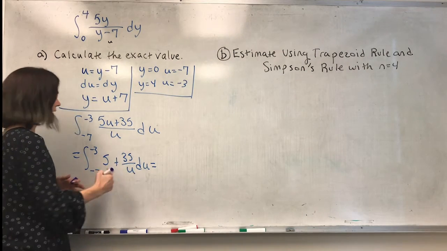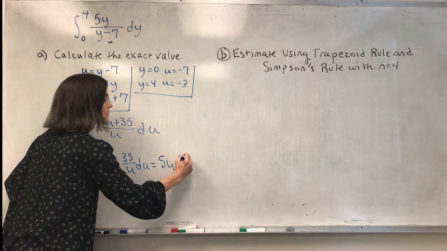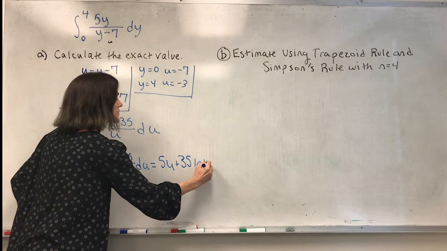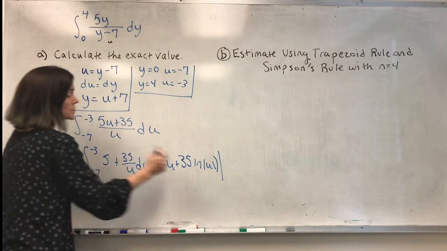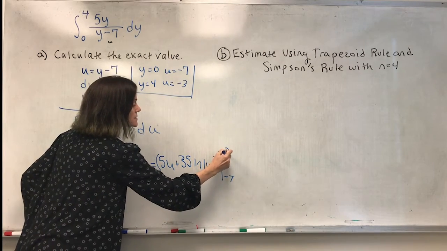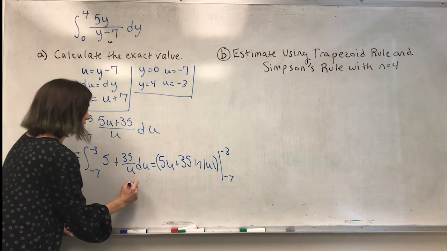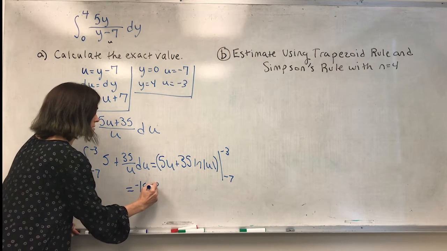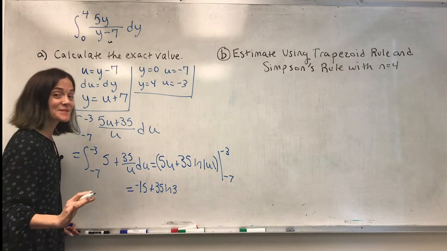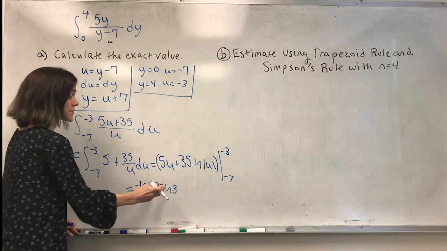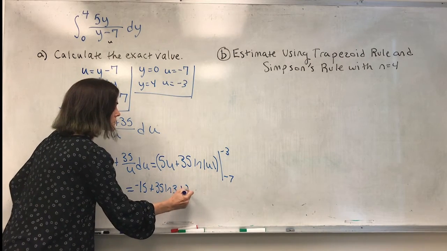Now we're ready to integrate. We integrate, we have 5u plus 35 ln absolute value of u, and all of this evaluated between -7 and -3, which becomes -15 plus 35 ln 3. Then we subtract a -35, so minus 35 becomes plus 35.